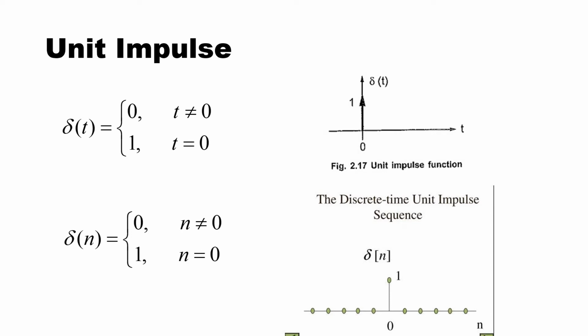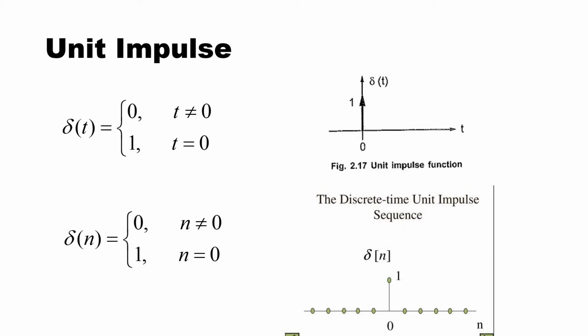Okay, the next is unit impulse. On the top you can see the unit impulse in continuous time, del t, and at the bottom you can see unit impulse in discrete time, that is del n.